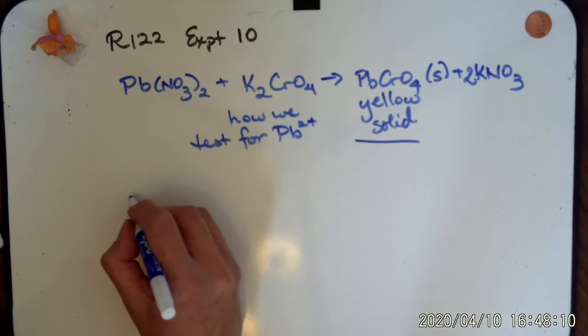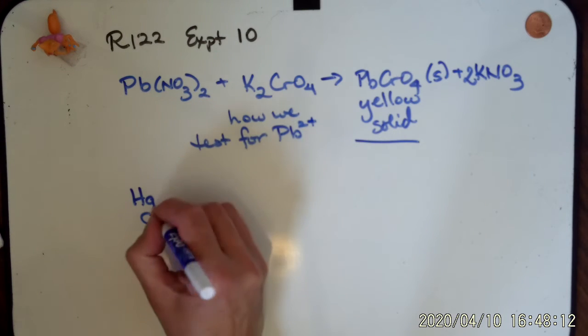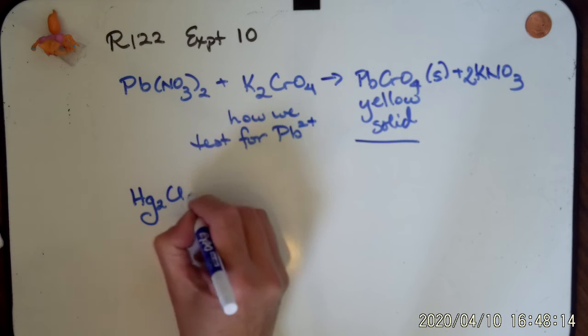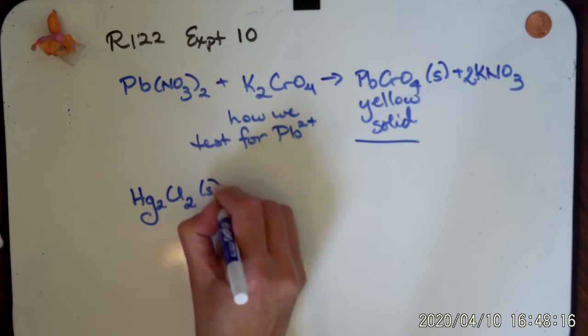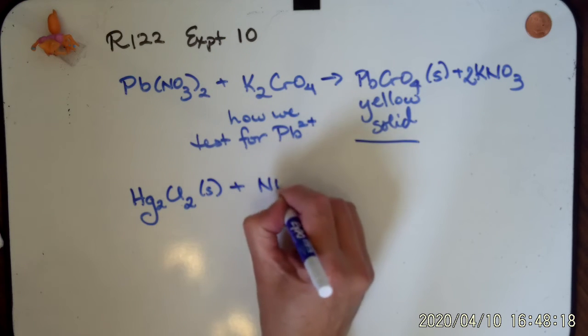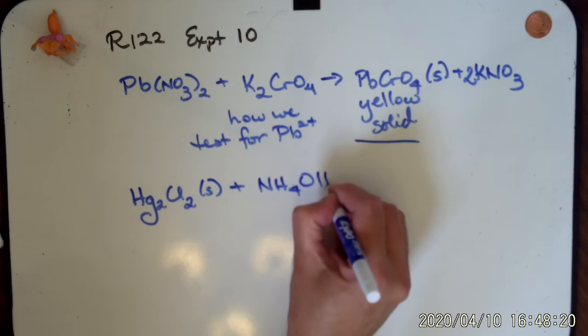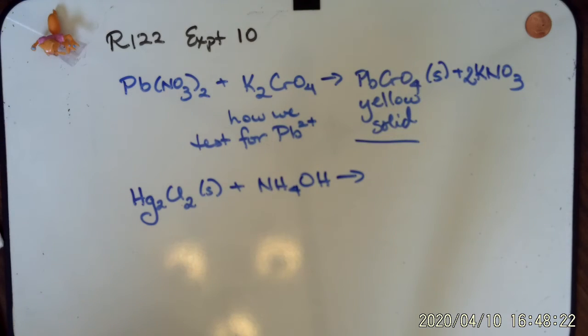And the last one, mercurous chloride. So that's mercury 1 plus ammonium hydroxide. Okay, and if you go back to the previous page, okay, where do we go?